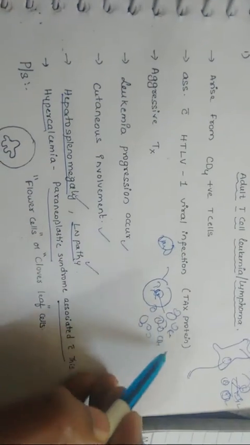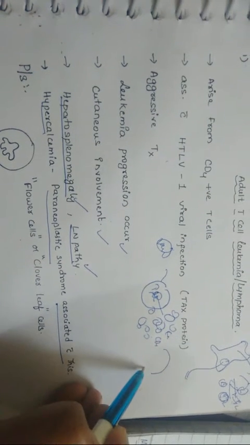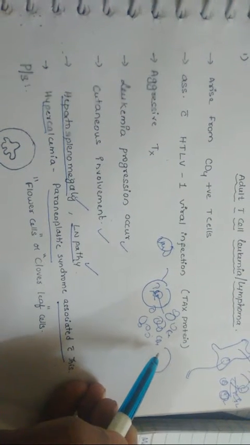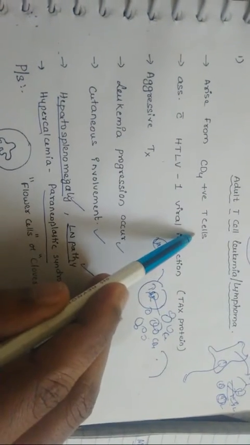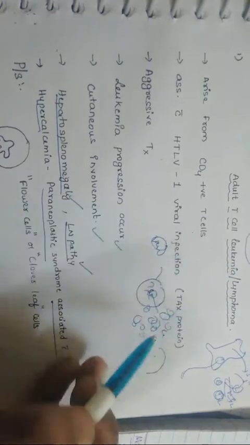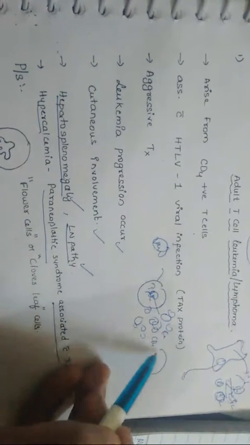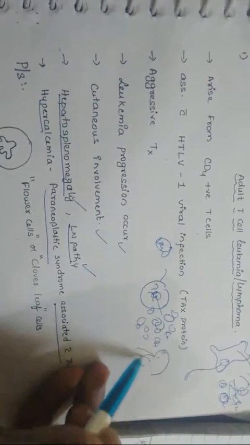Remember that leukemia progression occurs. From the lymph node, the CD4 positive T cells give rise to lots of tumor cells, which can enter into the blood. Once they enter the blood, it is known as leukemia.